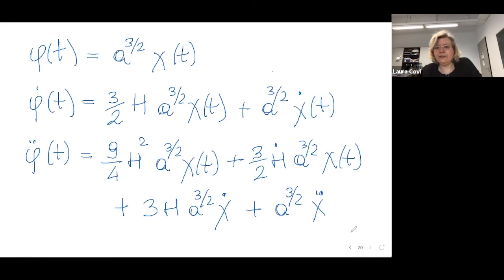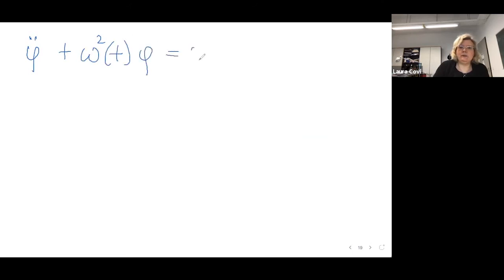So here I can rewrite the equation I had before, and I get something like chi double dot plus some kind of omega squared of t times chi is equal to 0, where this omega squared is a sum of all these additional terms.